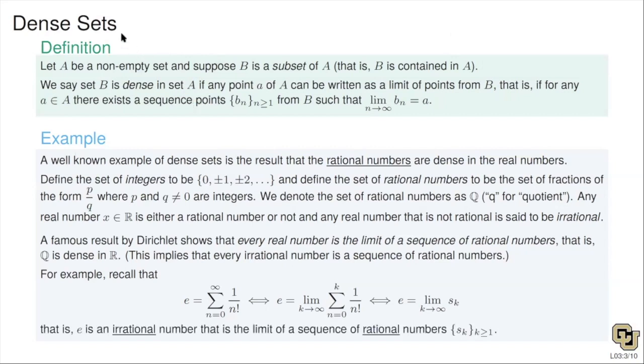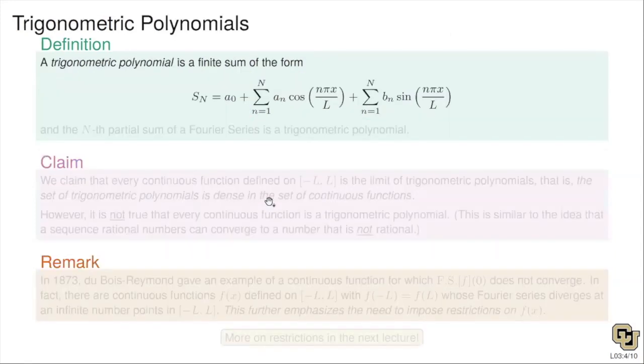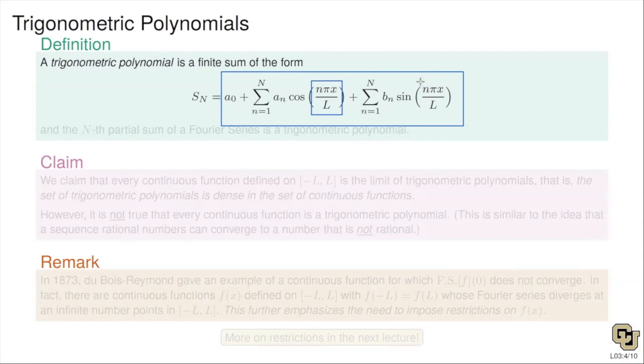So now when it comes to Fourier series, we have a similar thing going on here. Let me set the stage for Fourier series. First of all, let me define a trigonometric polynomial. A trigonometric polynomial is a finite sum of this form. It's not a polynomial in the sense that you're raising it to powers. It is in the sense that we have multiple wave numbers.